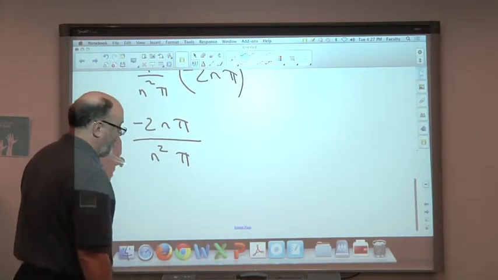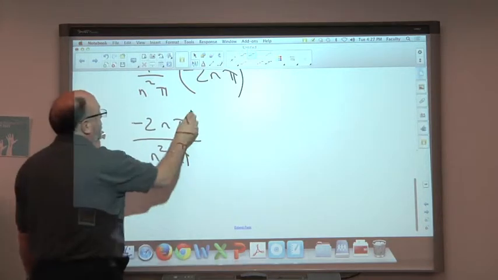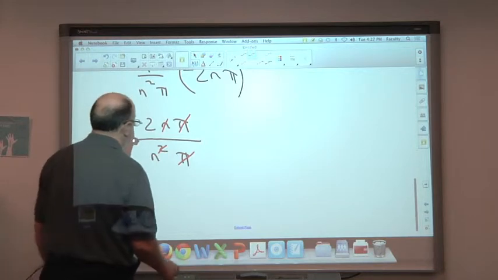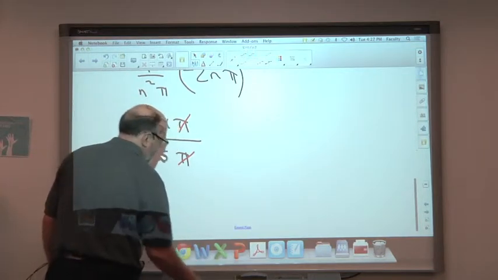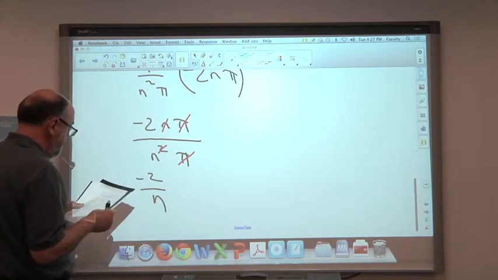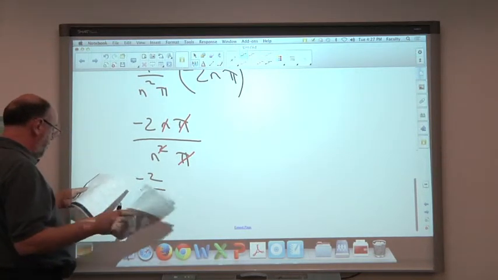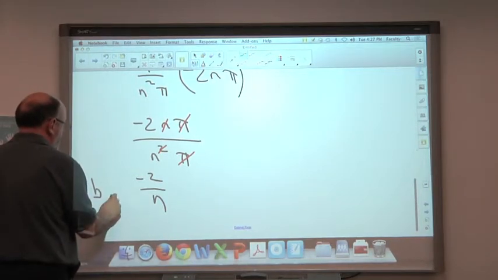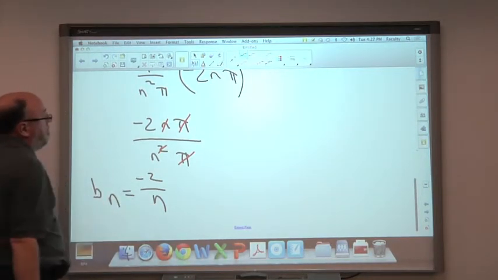And if we simplify this, the pi's will go away, this n cancels that n out, and we end up with a minus 2 over n. Okay. And so our value for b sub n is given by that.